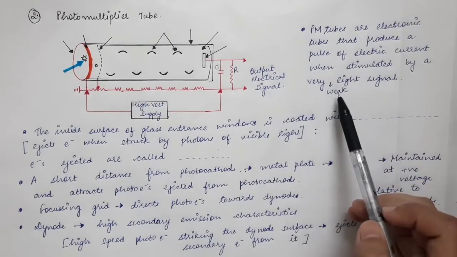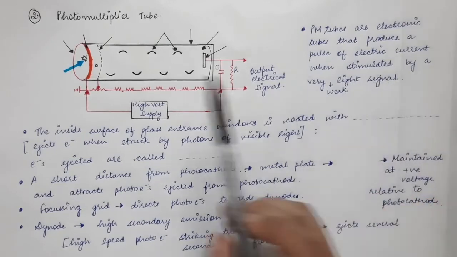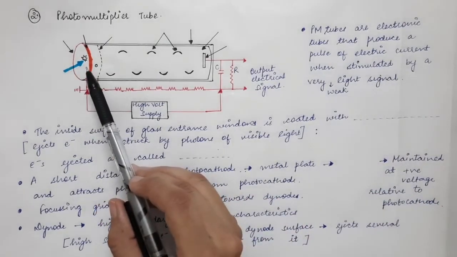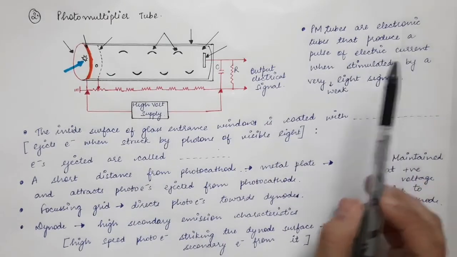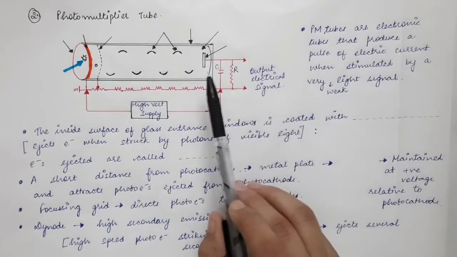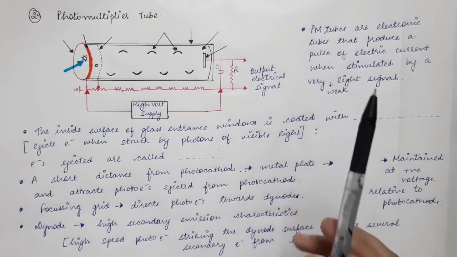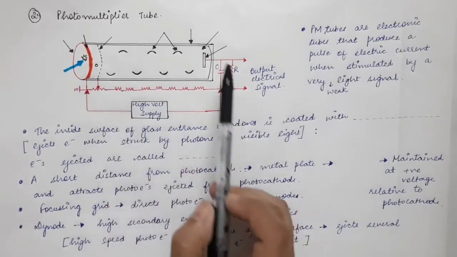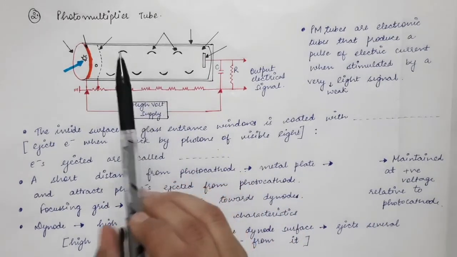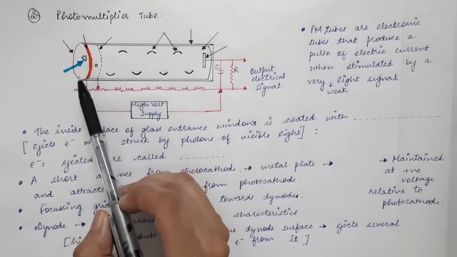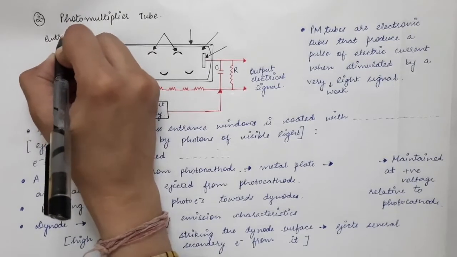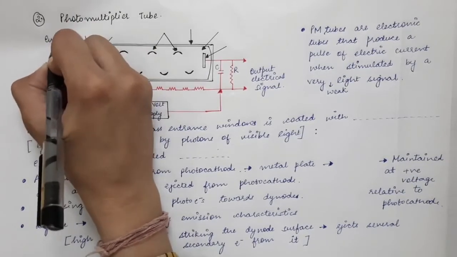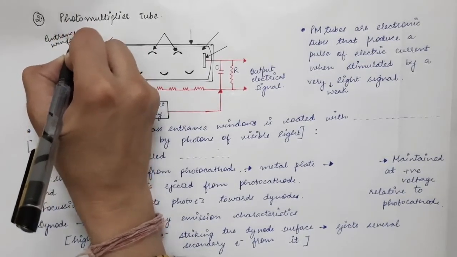So when a very weak light signal enters this PMT, a pulse of electric current is generated in the electronic circuit by this PMT. This is the diagram of a PMT. Over here we have the entrance window, which is made up of glass.